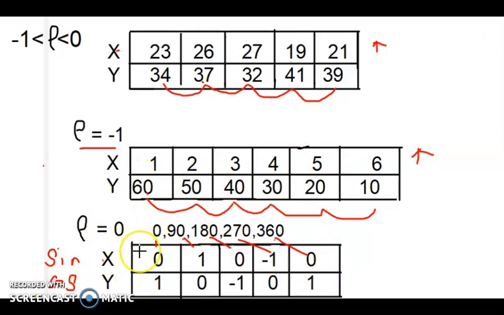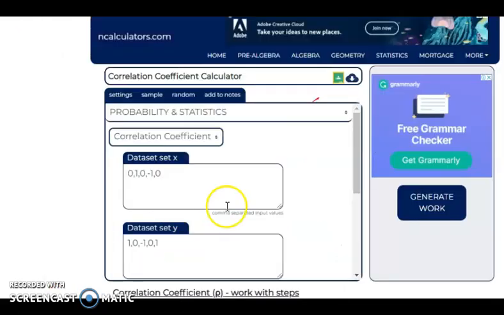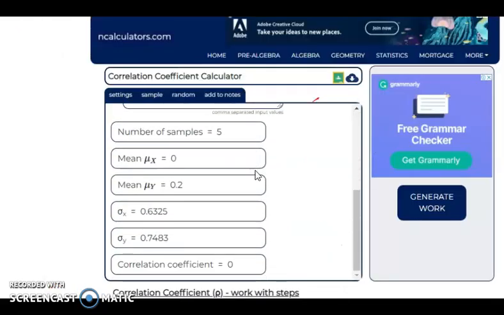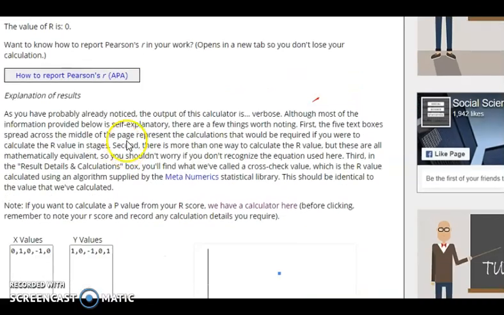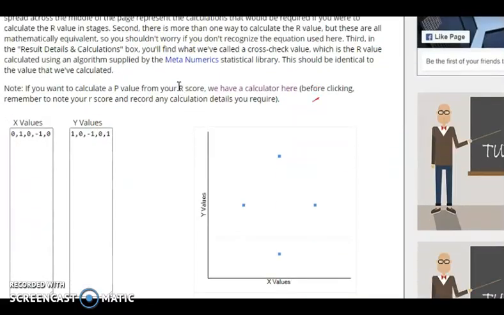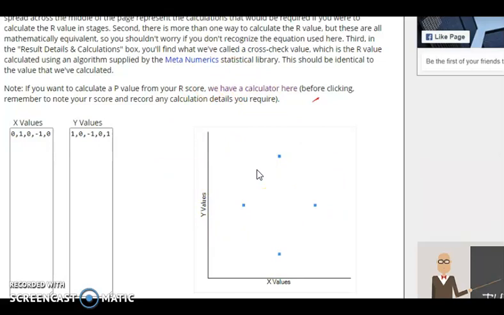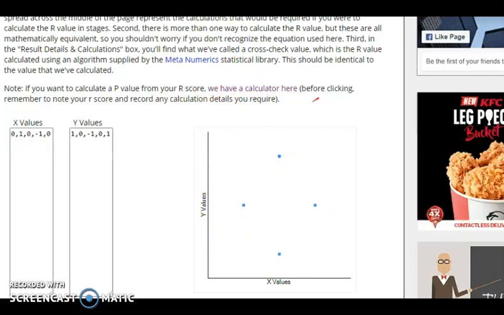If I calculate the values, I get 0, which is no correlation. See, if I calculate this, I get a correlation coefficient of 0. And using a Pearson calculator, I get a value of 0 and the graph like this. It is scattered, which shows there is no correlation between the two values since it is an independent set.